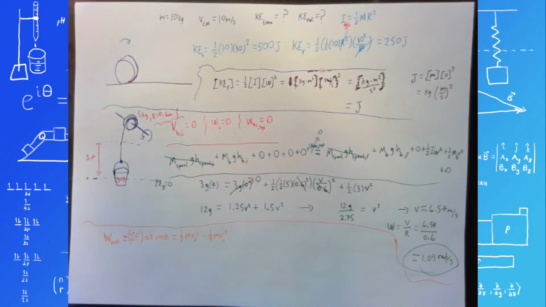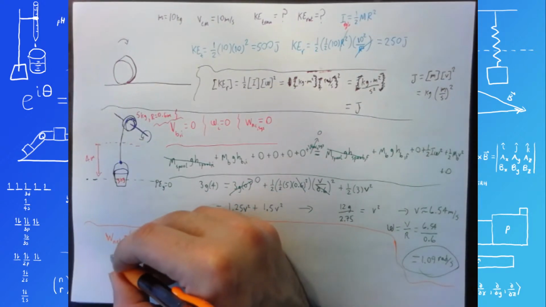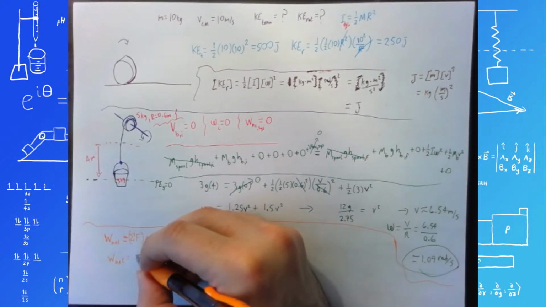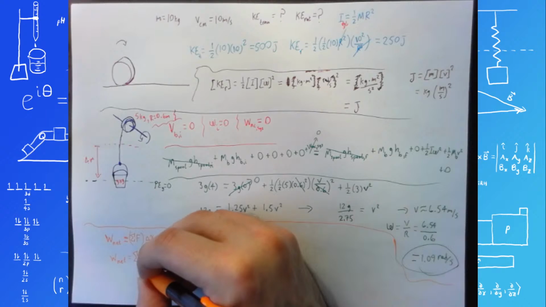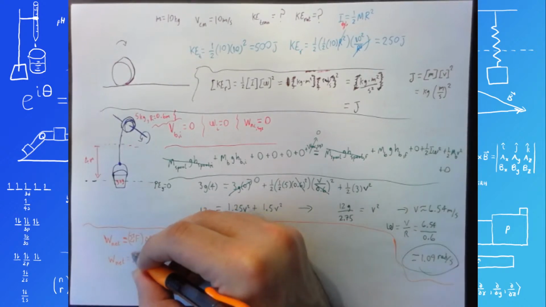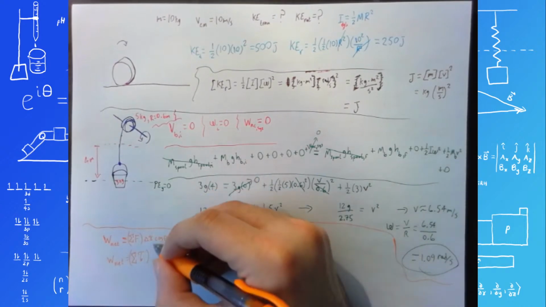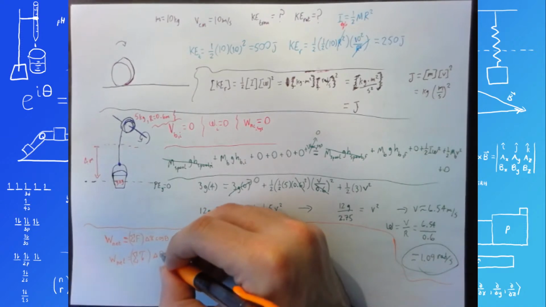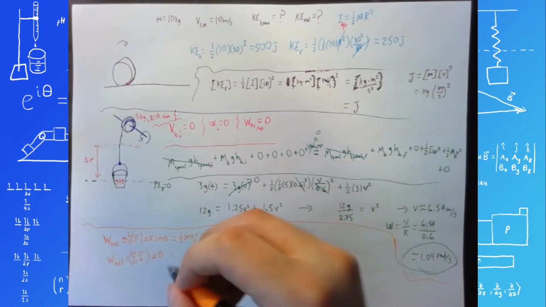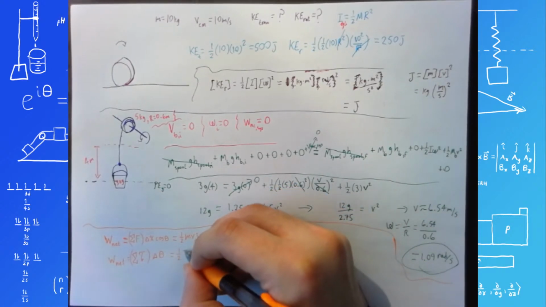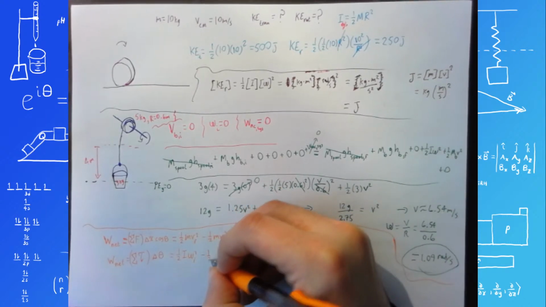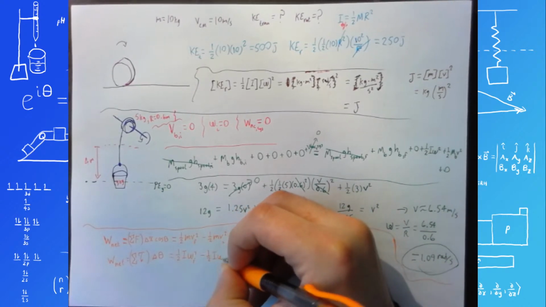Well, what about the rotational equivalent? So it would still be work on the left-hand side, except this time we would have net torque instead of net force. And instead of linear or translational displacement, we would have angular displacement. And here we would have 1/2 I omega final squared minus 1/2 I omega initial squared.